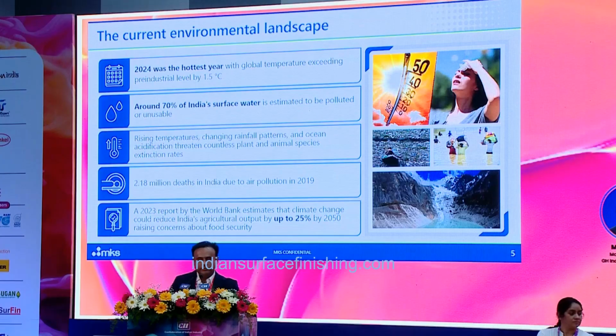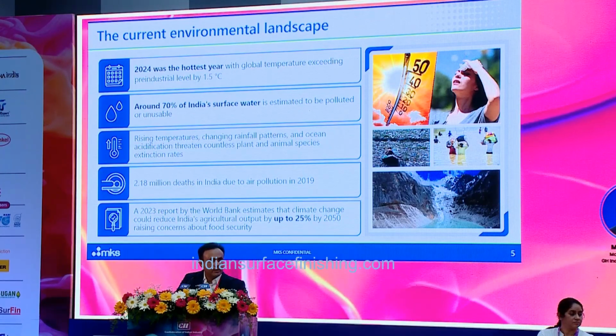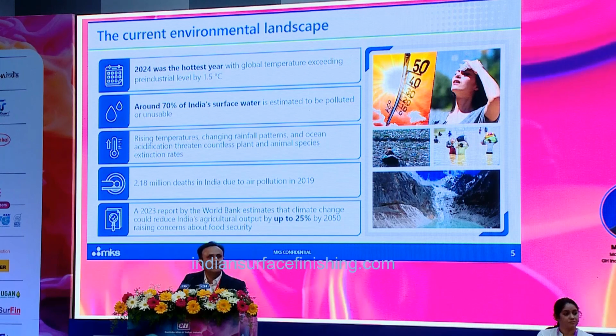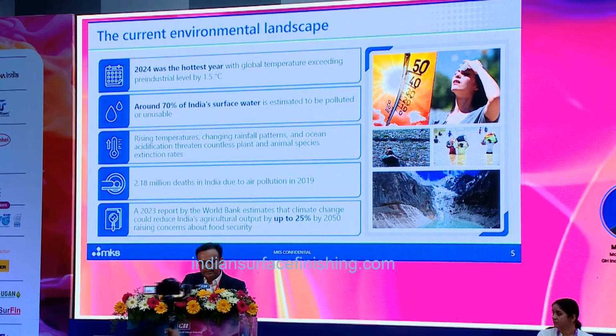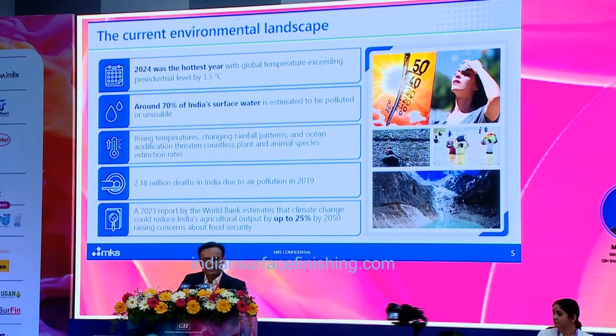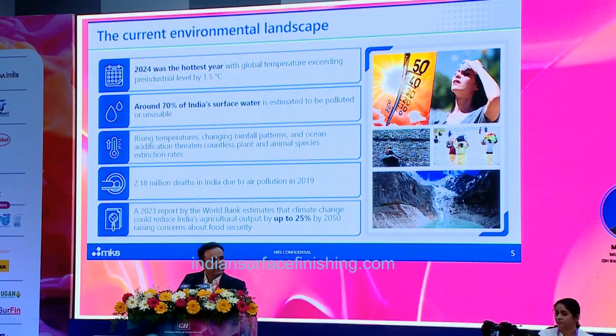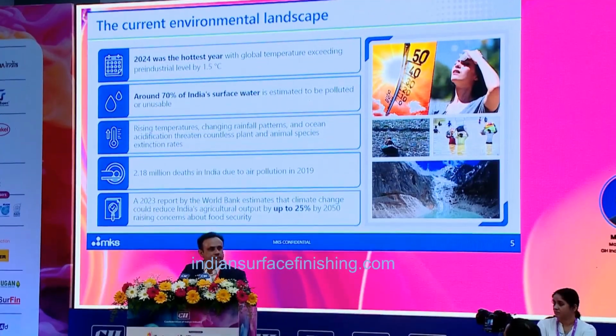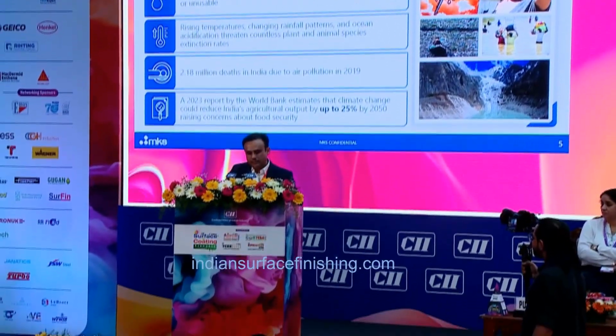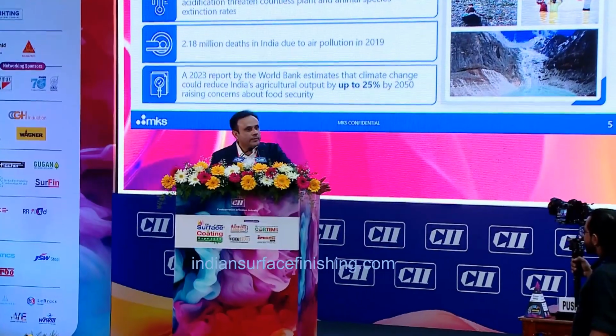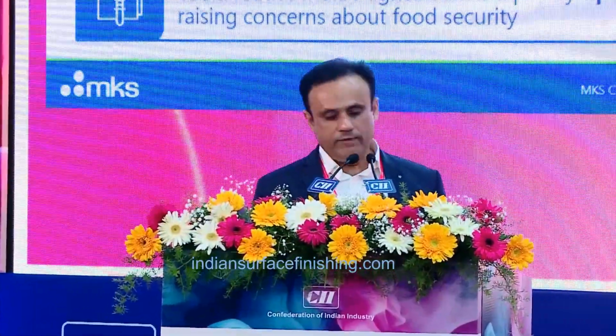These are things which we generally talk about a lot, but what we are doing about it is very important. 2024 was once again the hottest year. If you talk about India, more than 70% of the surface water is polluted. More than 2 million deaths occurred because of air pollution in 2019. A report says that by 2050, if we do not control things, our agricultural output will be affected by 25%.